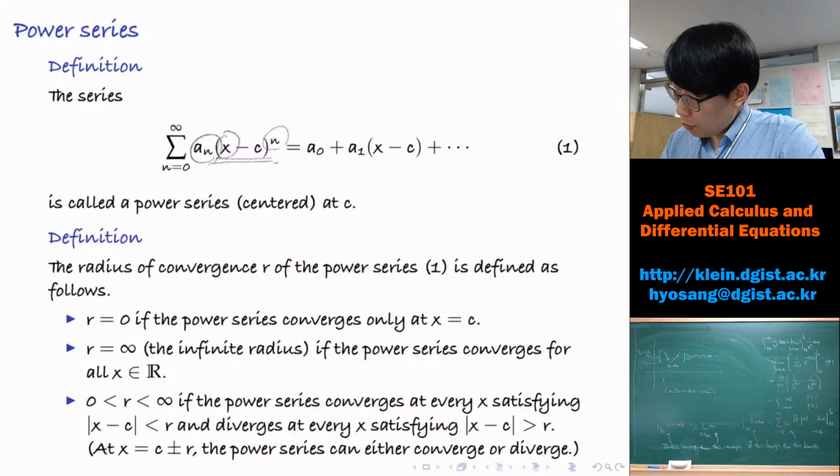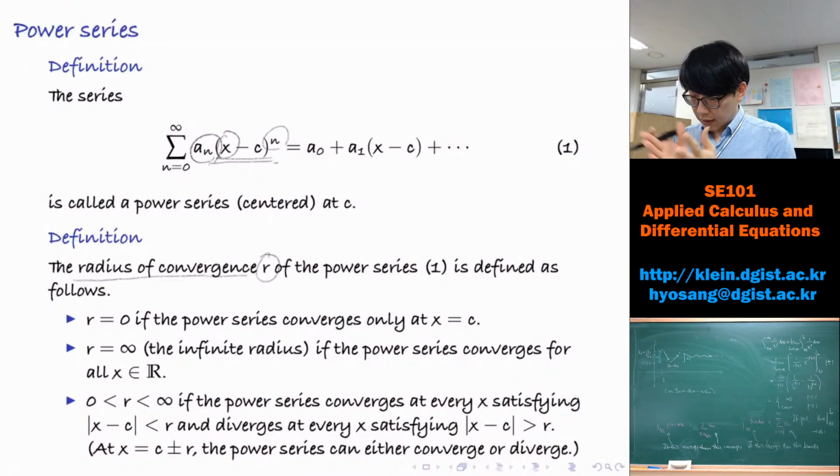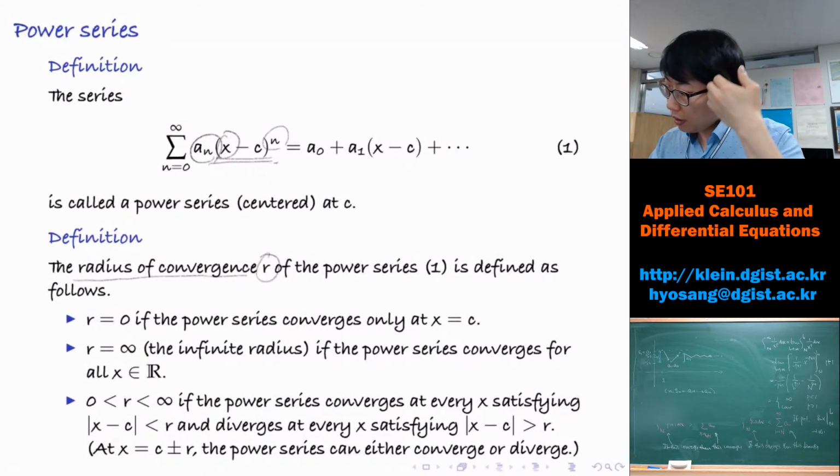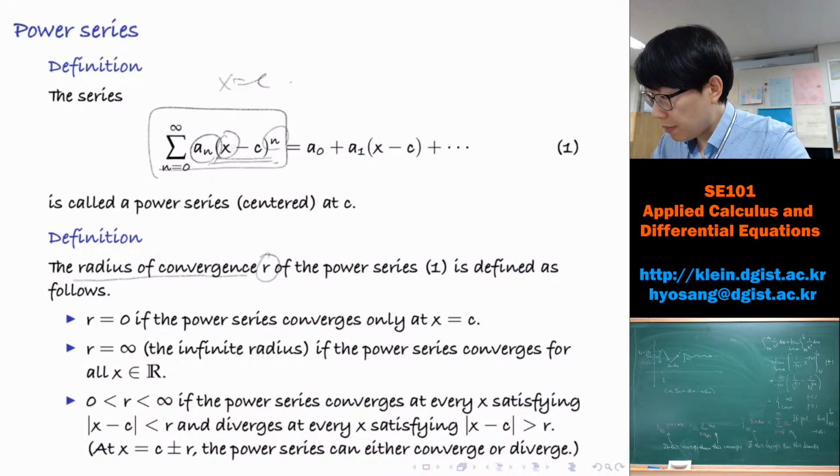So important is the radius of convergence. The radius of convergence, called R, is the length of x from the center where this power series converges. In other words, if x equals c, then x minus c is always 0, so 0 to the power n is always 0. So everything goes to 0, except for a_0.